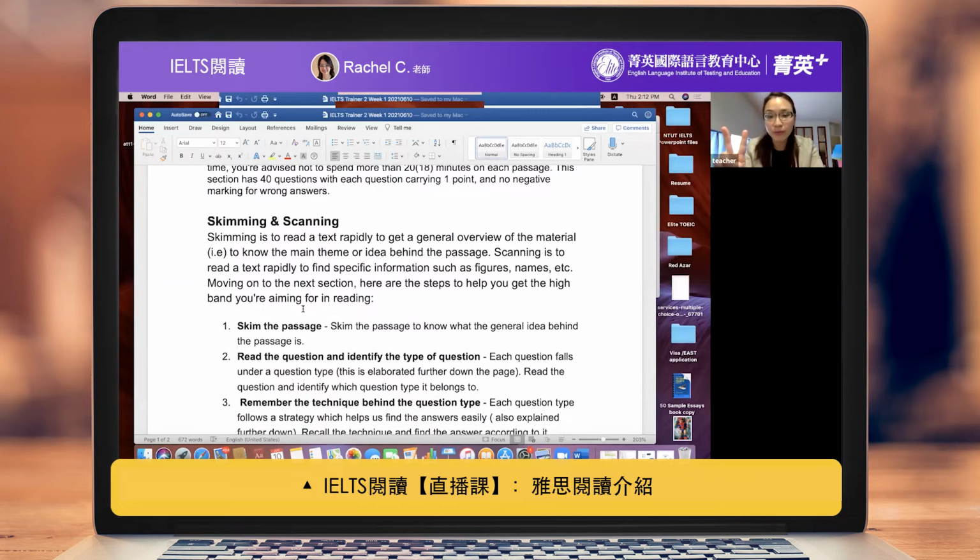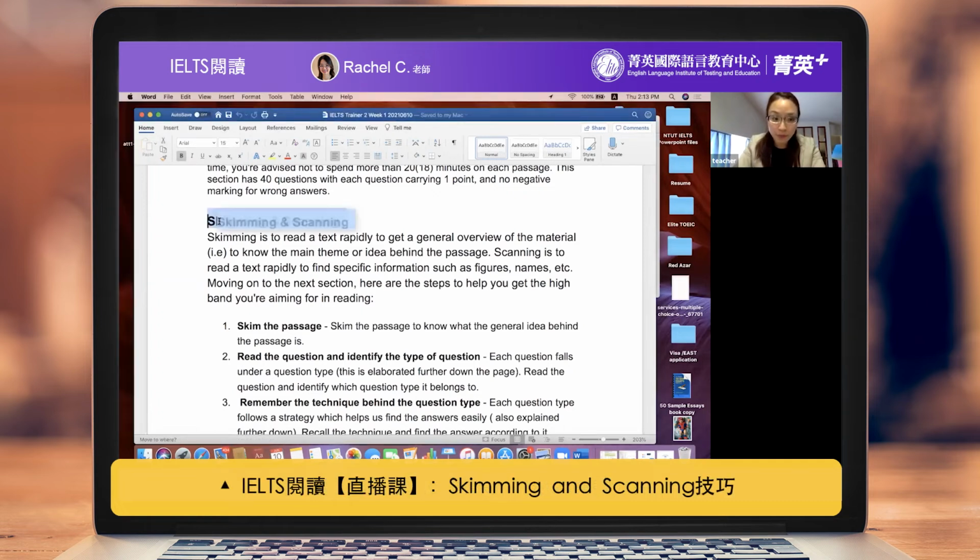The 2 skills we've mentioned several different times are skimming and scanning. To skim is to read a text rapidly. It means you have to read it very fast. So you don't really have the time to slowly enjoy the article as you usually do during leisure time activities like reading a magazine that you enjoy.